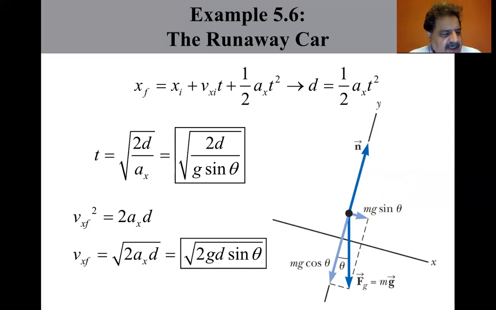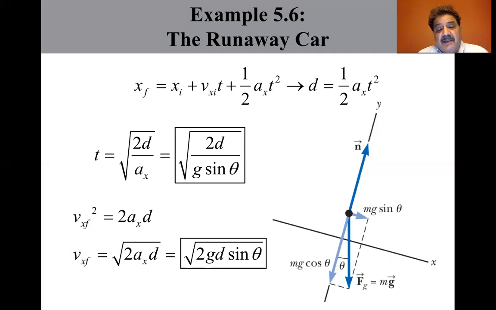In this case, delta x is d, so it simplifies. Since v_x initial is 0, it's v_x final squared equals 2 a_x d. And so you just take the square root of both sides, and v_x final equals the square root of 2 a_x d.